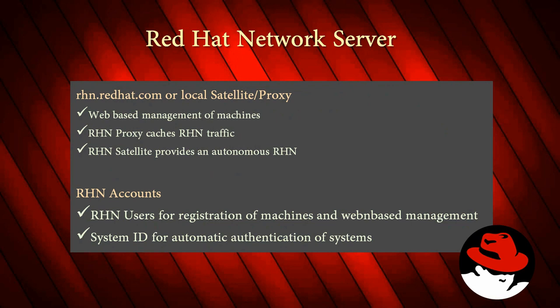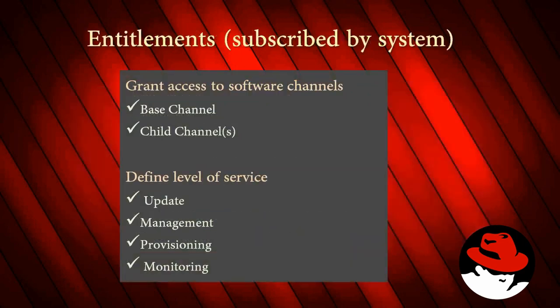Then there come Red Hat Network accounts, where RHN users can register machines for web-based management. A system ID is required for automatic authentication of the system, and you can use various utilities provided by Red Hat Network.